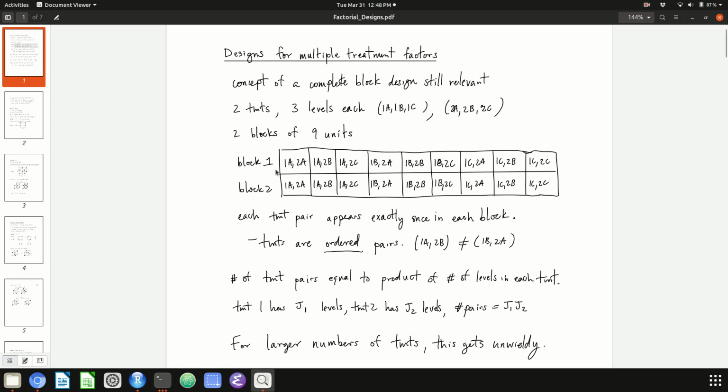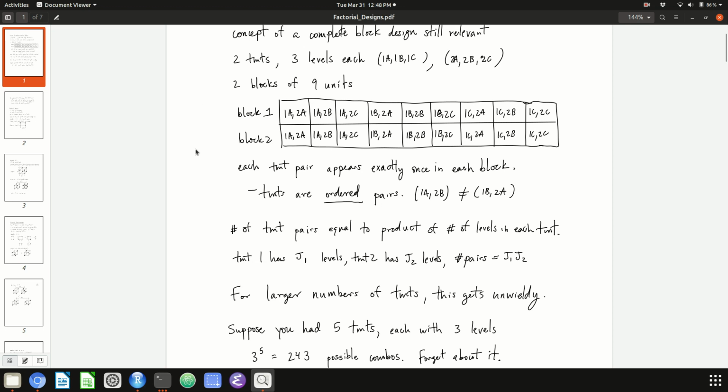The reason for doing this is because in each block, we can allocate each treatment combination exactly once. So since there are 3 levels of each of these 2 treatments, there are 3 times 3 equals 9 possible combinations. So when you have more than one treatment factor, you can still do something like a complete block design.